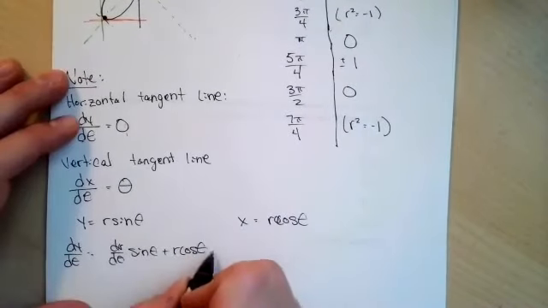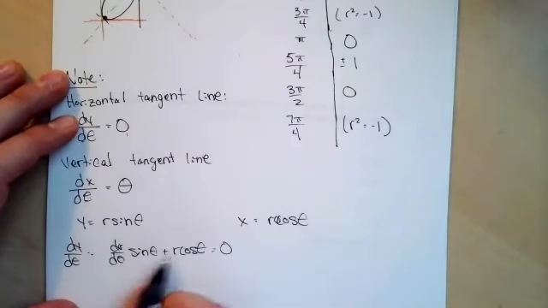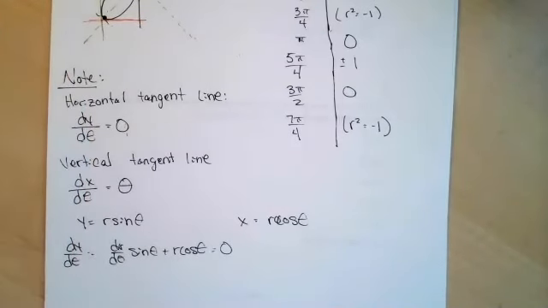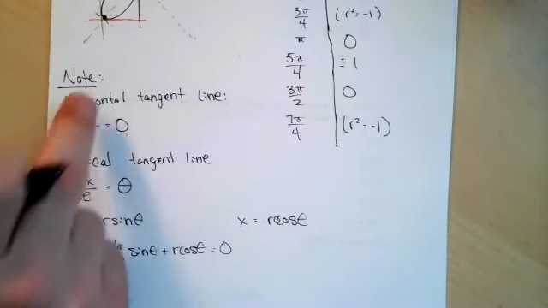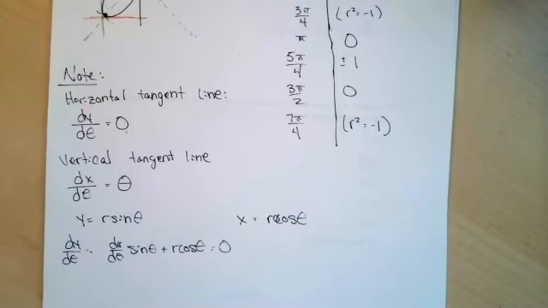So yeah, you'd take that, set it equal to 0, fill in the values for r, solve for the thetas, the angles that would make that 0 for both x and y, and then correspond those to your horizontal and vertical tangent lines. Any other questions?